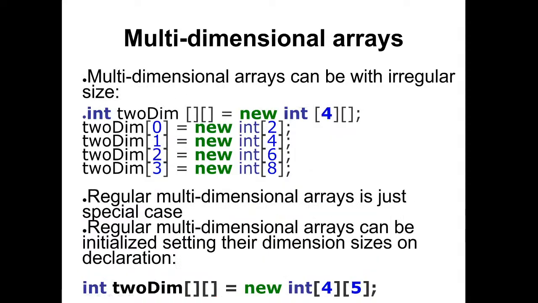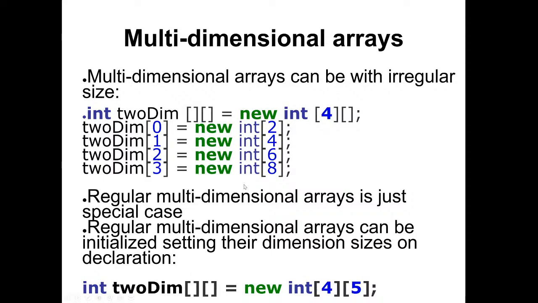Yes, multidimensional arrays can be with irregular size, as I already mentioned. So, for example, the number of columns for different rows can be different, right? And yes, regular multidimensional arrays are just a special case of this.